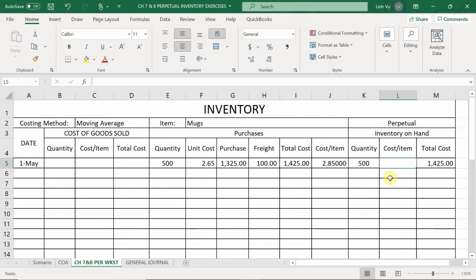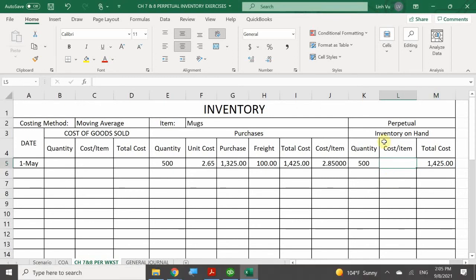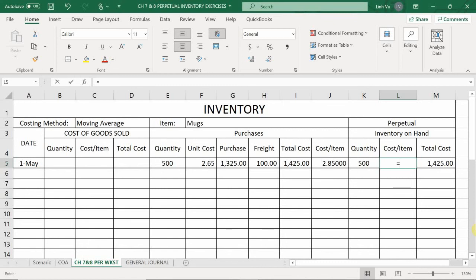So in this case, the formula is going to be switched, because the important part here is that we need to make sure our amounts add up. When we update our inventory and decrease our inventory, we have to constantly calculate our average cost per item. So my formula is going to be right here in the middle.